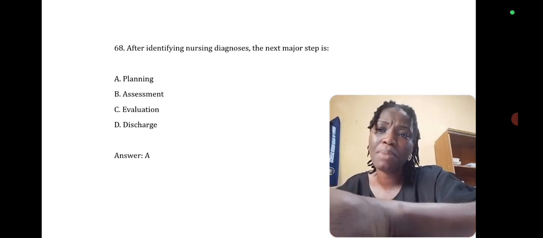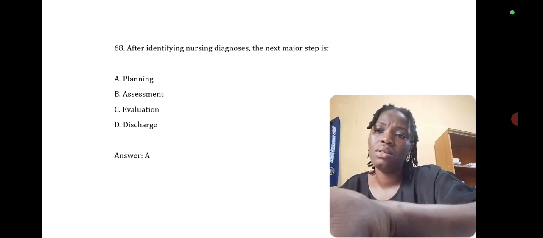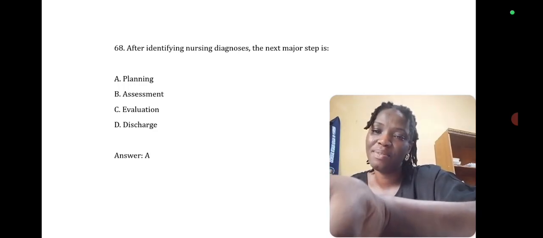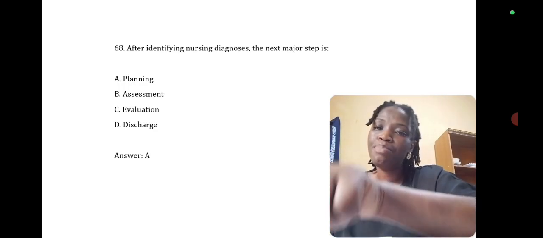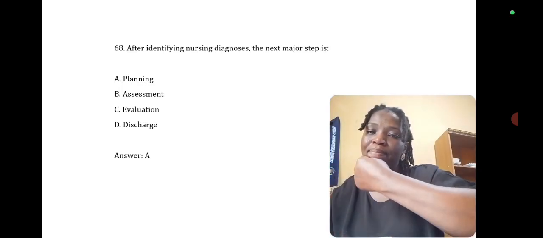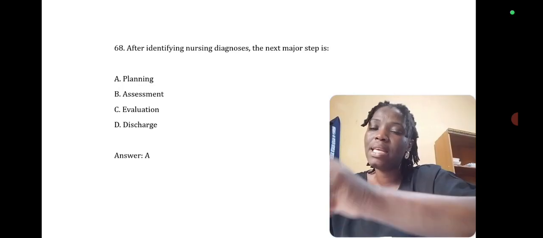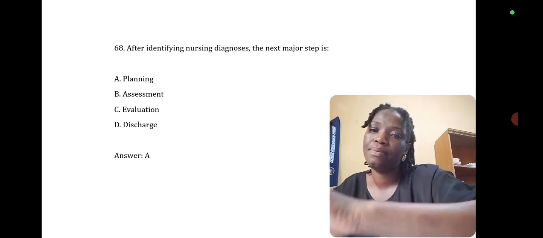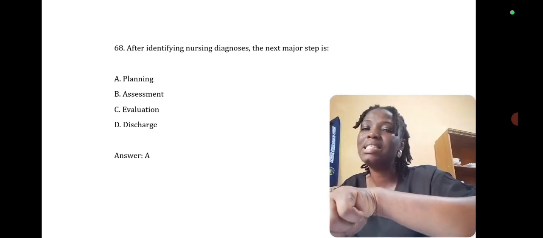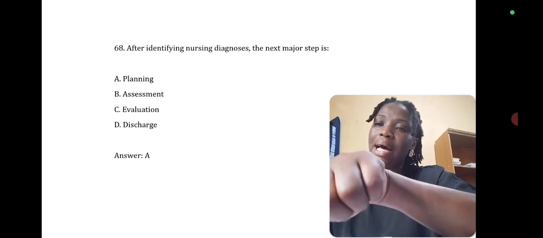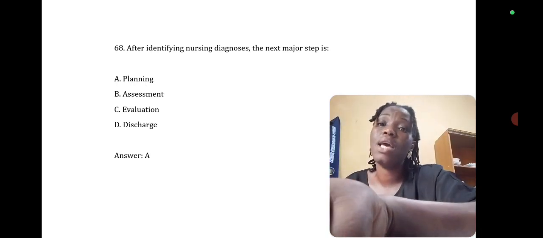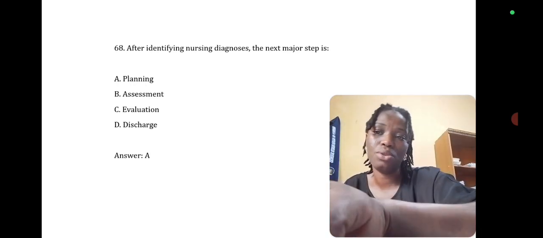So the next step after diagnosis is what? ADPIE. So after diagnosis, D, the next one is P, planning. So your answer is A.